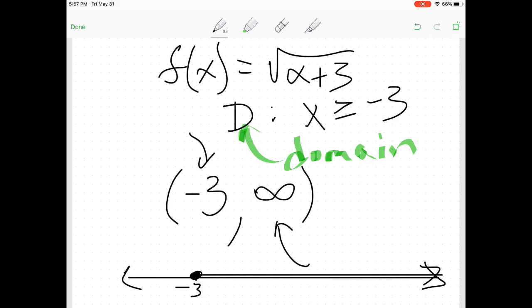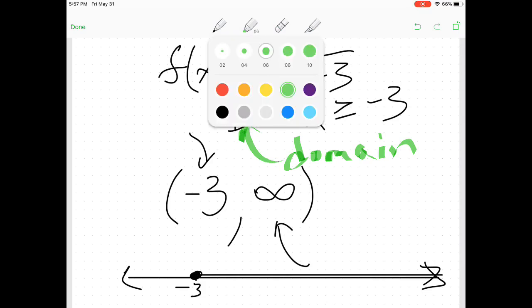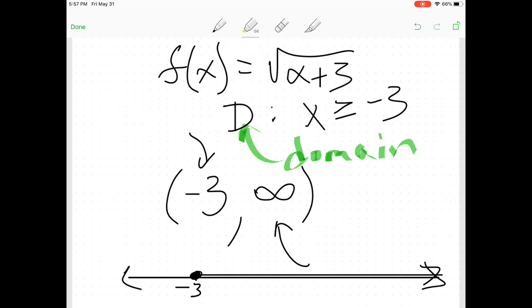Now, the one thing that we do need to talk about is the use of parentheses here. If we notice up here, we have x is greater than or equal to, so we're actually not going to use parentheses. Instead, we're going to use a bracket.